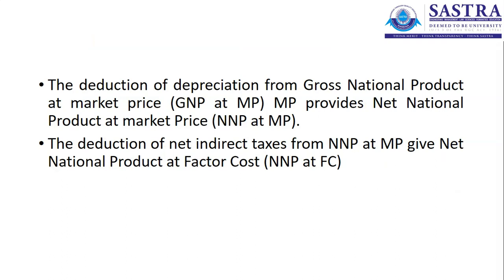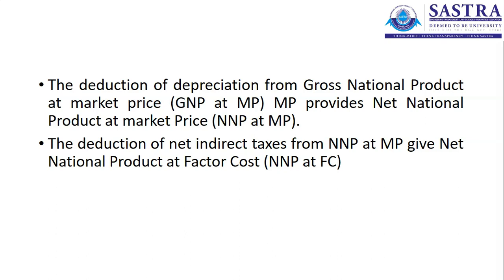And in this, there is a deduction of the depreciation from the gross national product at the market price, so that you may get the net national product at the market price. So depreciation allowances, or the capital consumption allowances, are subtracted from the gross national product at the market price.